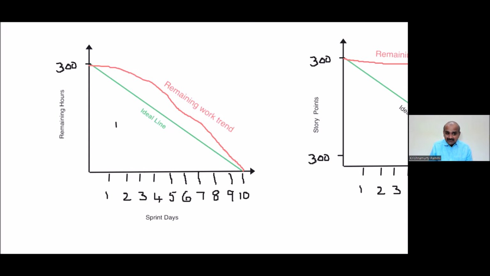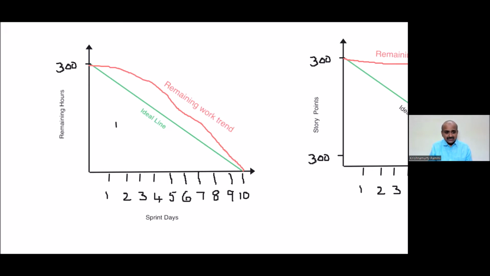The work can be either in terms of remaining hours or in terms of remaining story points, so the remaining hours will be on the y-axis.